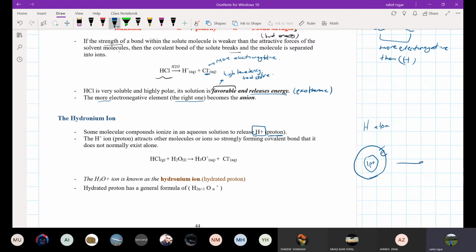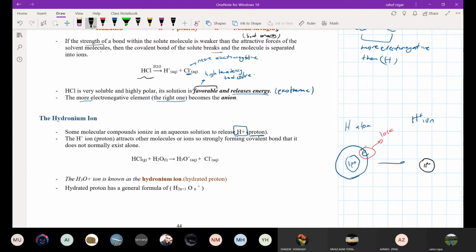If it loses an electron, like this, they become like this. One proton and nothing surrounding.